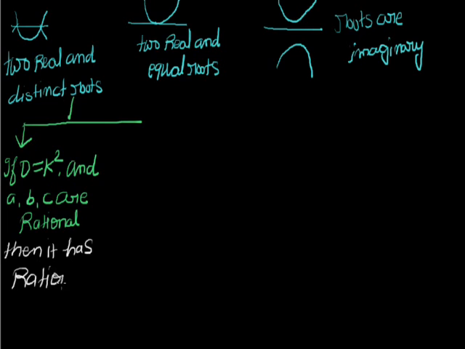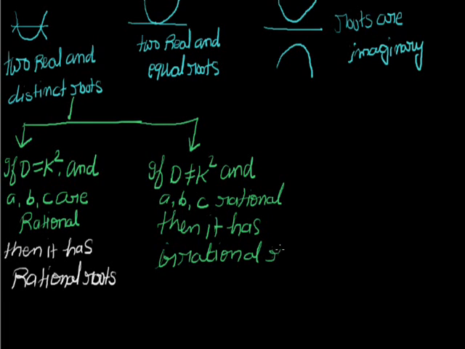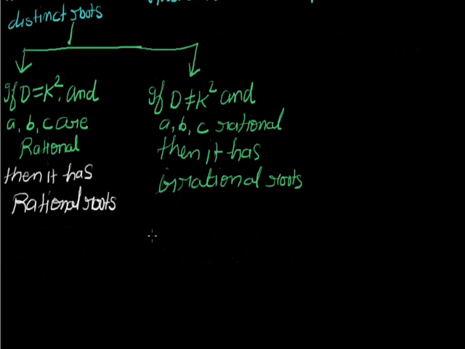Next, if D is not a perfect square but a, b, c are rational, then it has irrational roots. So depending on whether D is a perfect square or not, we can conclude that the roots are rational or irrational.